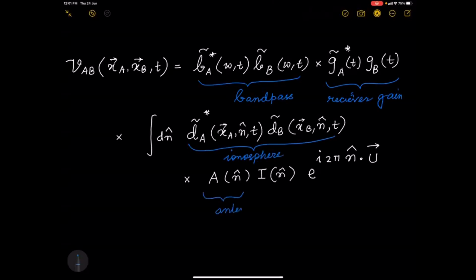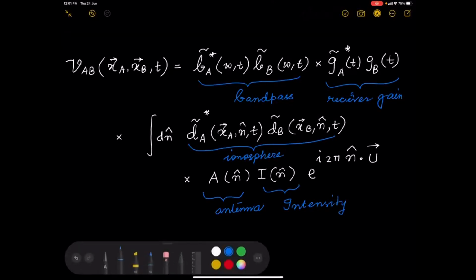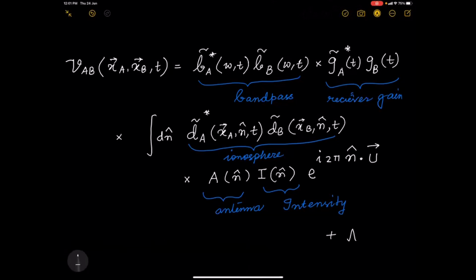Antenna. This is the source intensity. And one term I have not written yet is the noise, which will inevitably be there because you are dealing with electronics, which can change with the baseline, the time, and the frequency, which I am not writing.